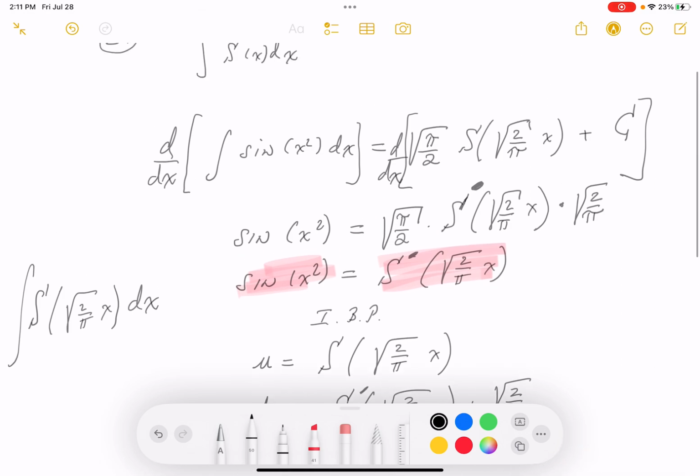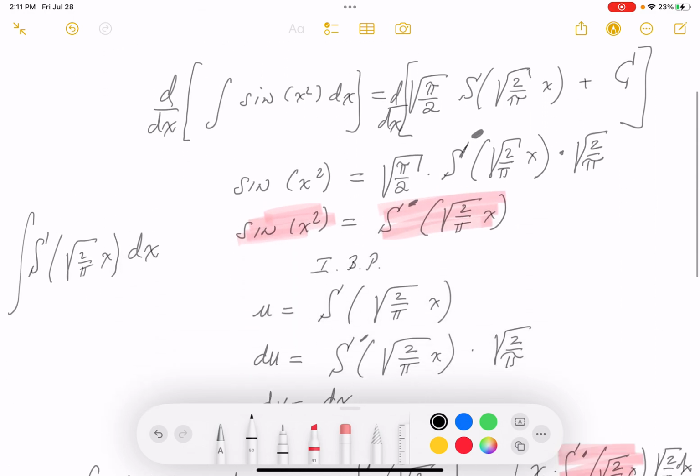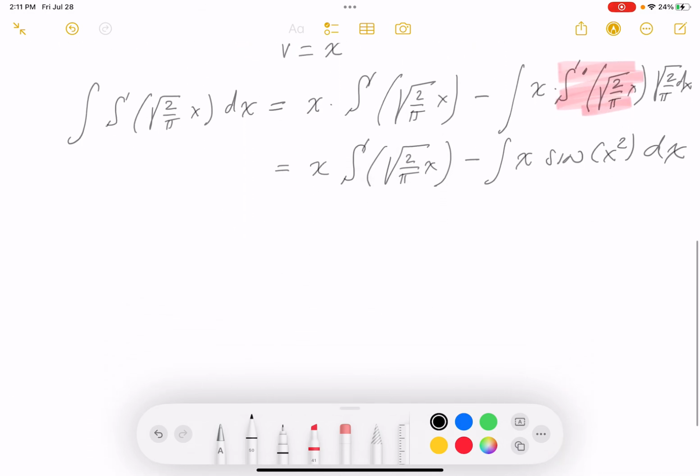Let's see if I did that right. Yeah, I did it right. I made a u substitution now. And I'm going to say u is equal to x squared. That means du is 2x dx. Let's write that down.